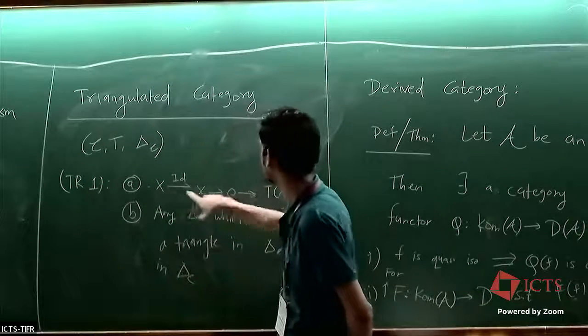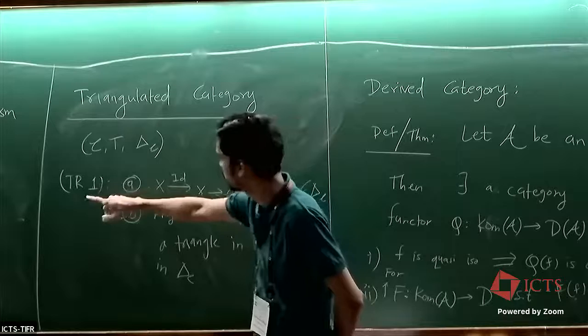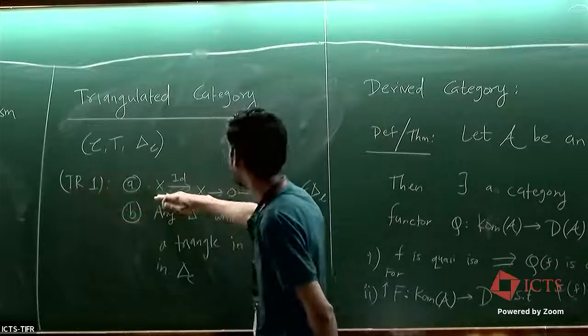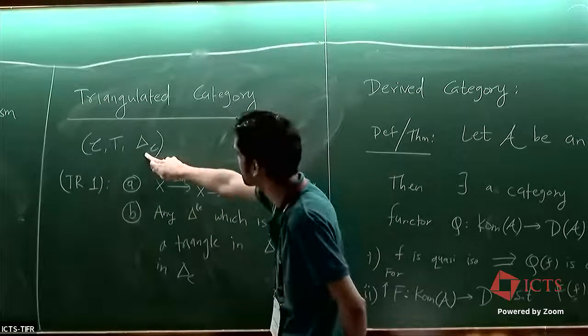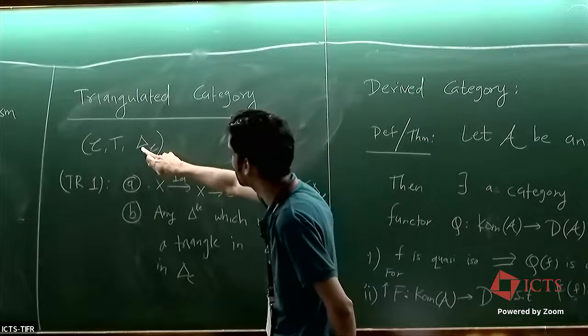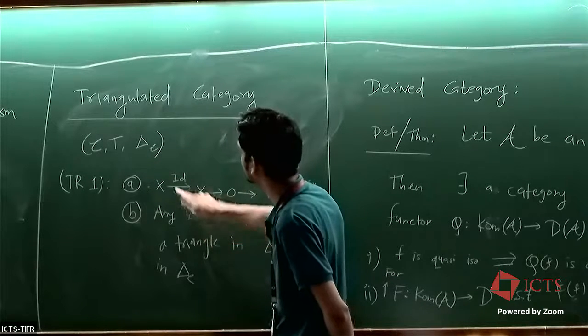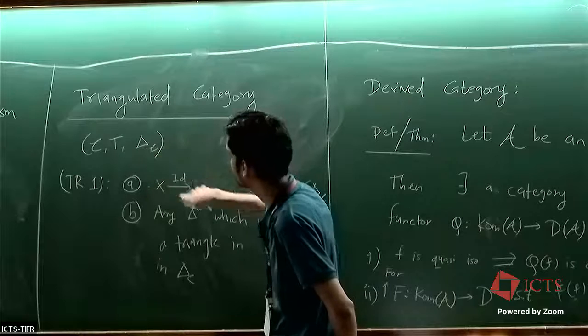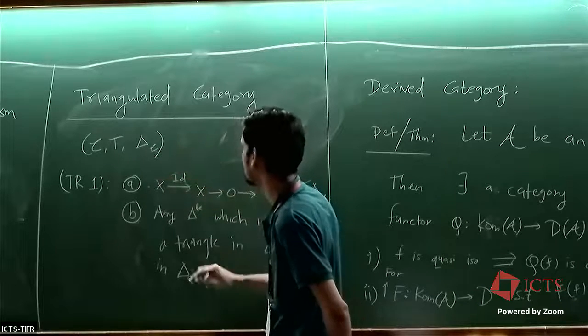So a part of the first axiom is that any such triangle should belong to this collection. Second is that if you take any triangle which is isomorphic to some triangle here, then the triangle that you started with should be here.